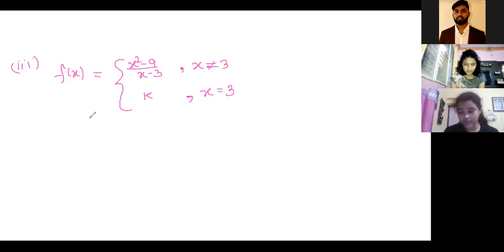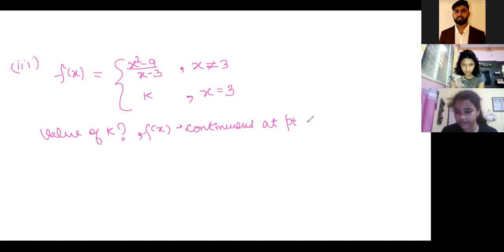Now the question is, we have to find the value of k. What will be the value of k so that fx is continuous at point x is equal to 3.